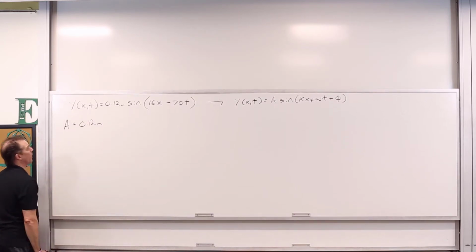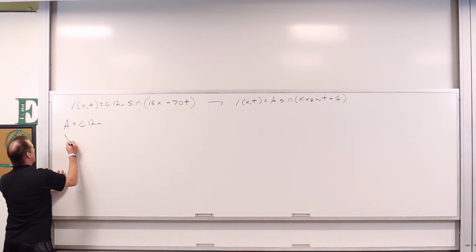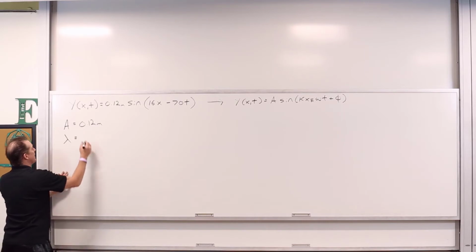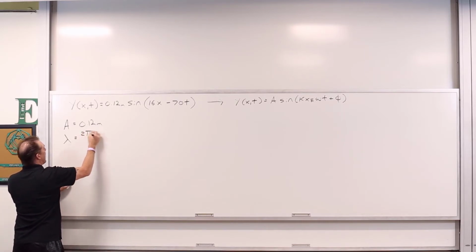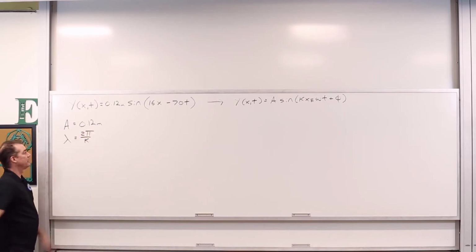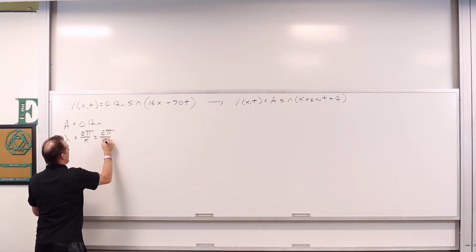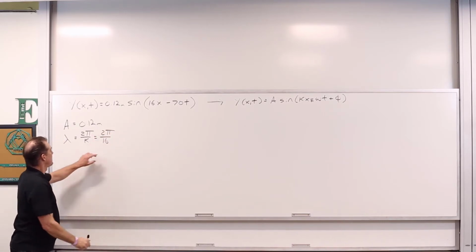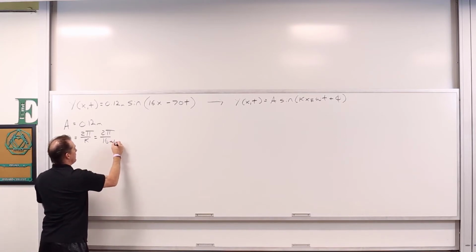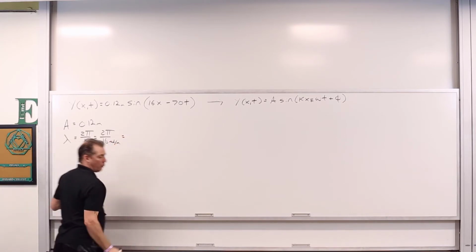What else do we want? Well, we want to know what is the wavelength of the wave. The wavelength lambda is equal to 2 pi divided by k, which in this case is 2 pi divided by 16 radians per meter for the wave number k.